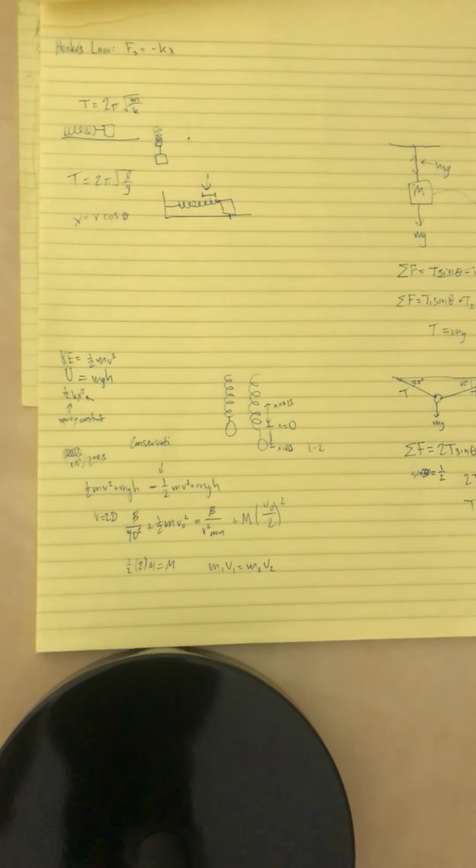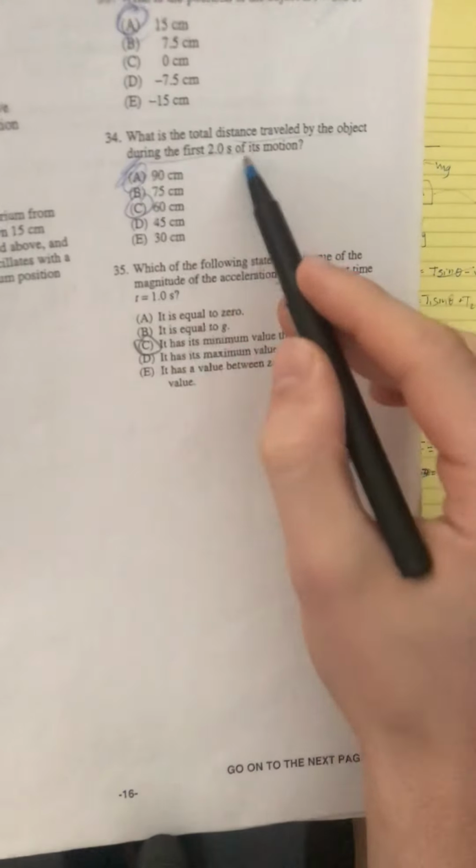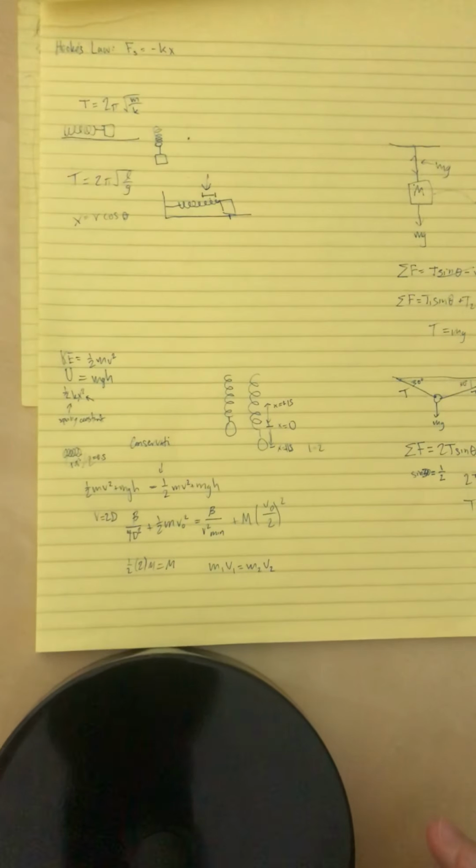So what we can do is look at it by thinking, okay, they ask how much total distance is traveled during the first 2 seconds of its motion. So we need to think about that in terms of period.